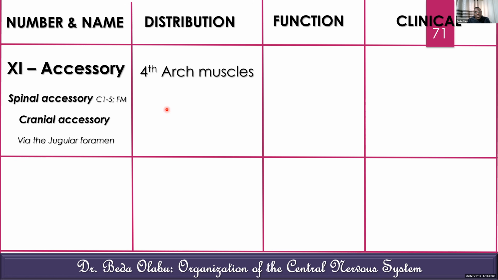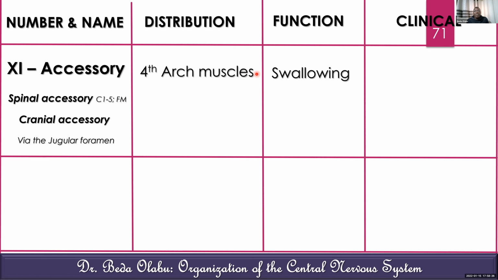The cranial root of the accessory nerve goes to muscles of the fourth pharyngeal arch. The muscles of the fourth pharyngeal arch are the muscles of the pharynx. These muscles are therefore important in swallowing. There are multiple pharyngeal muscles. There are those muscles which are longitudinal.